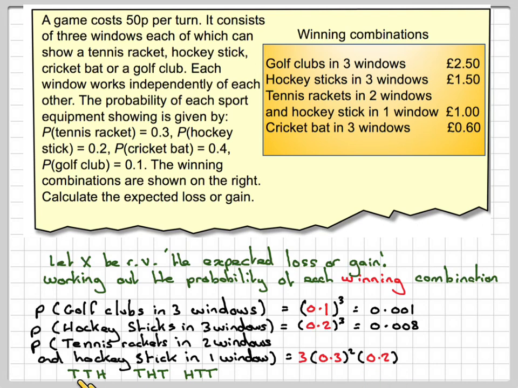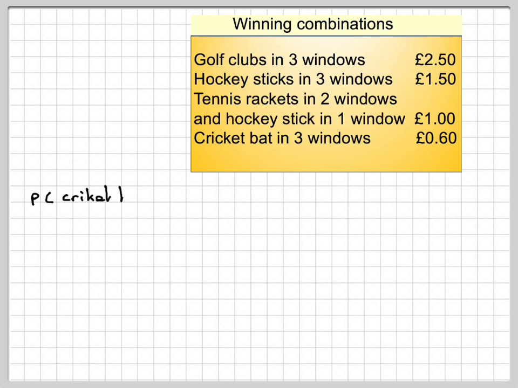But we've got to remember, these can happen 3 different ways. We can have hockey stick, tennis racket, tennis racket; tennis racket, hockey stick, tennis racket; or tennis racket, tennis racket, hockey stick. So if we work that out, we get 0.054.